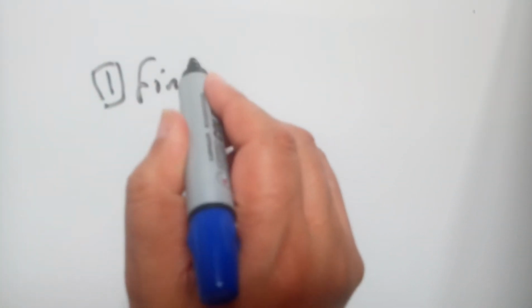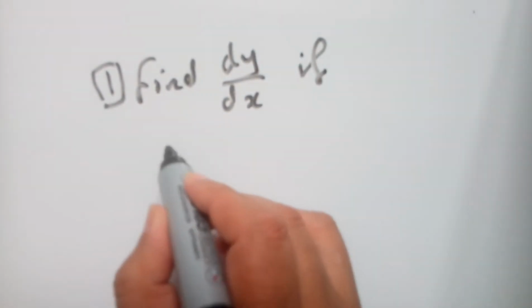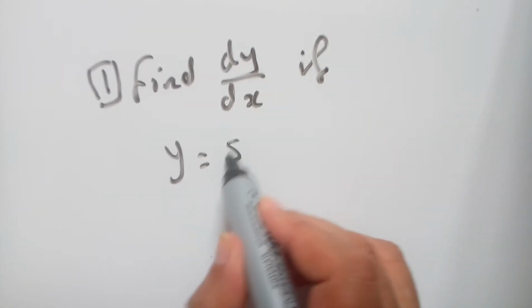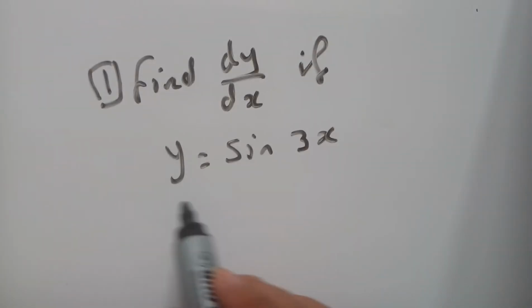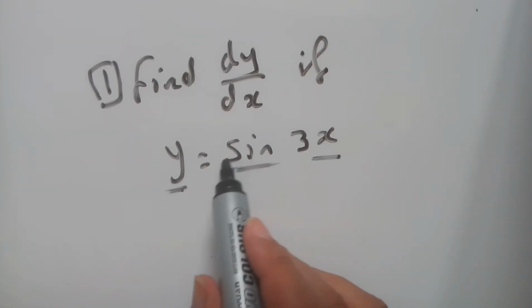Example 1. Find dy dx if y is equal to sine 3x. Now, y is a trigonometric function. What is the derivative for sine?